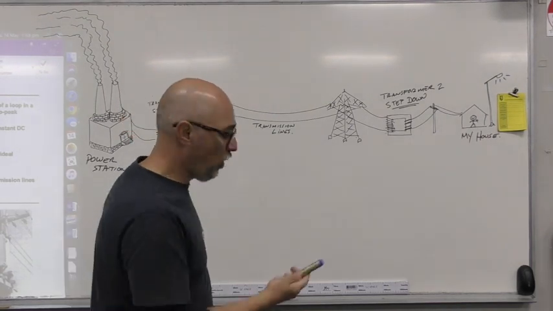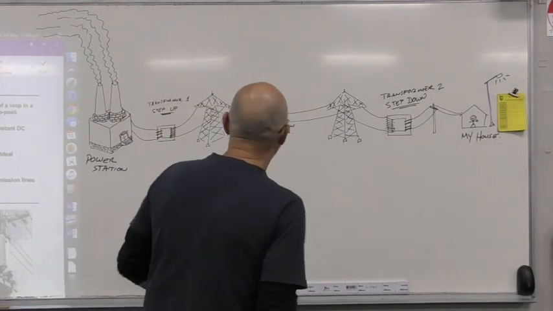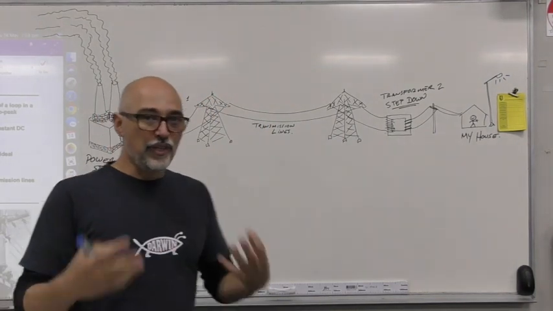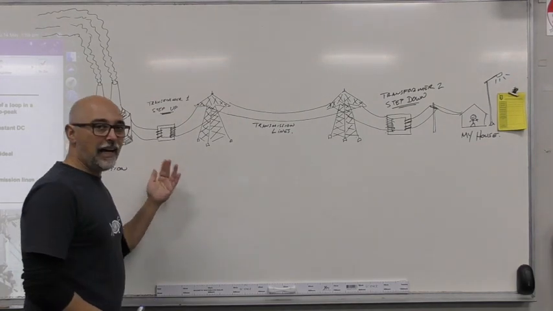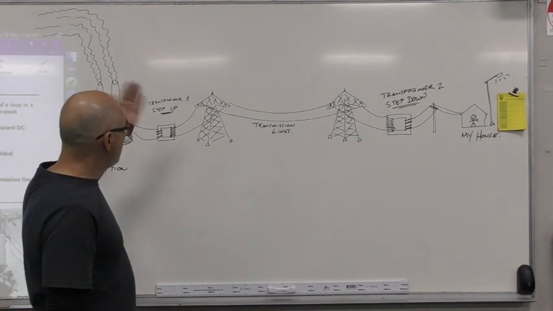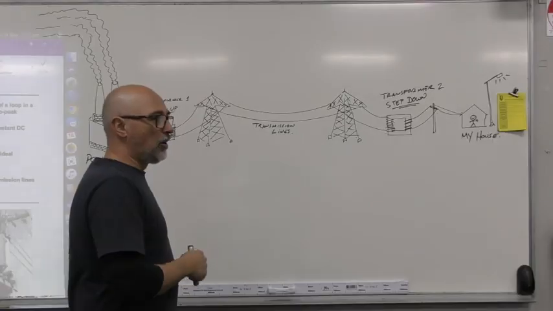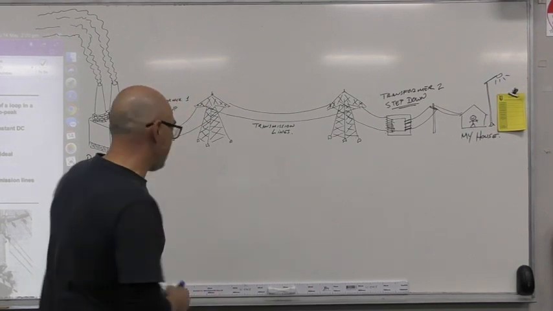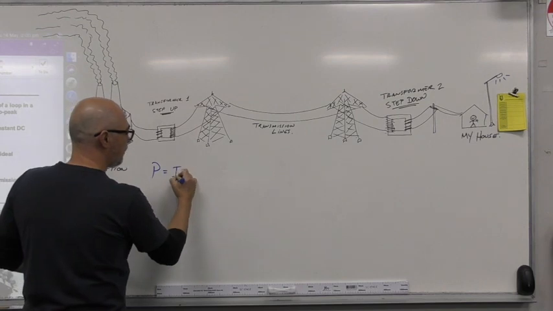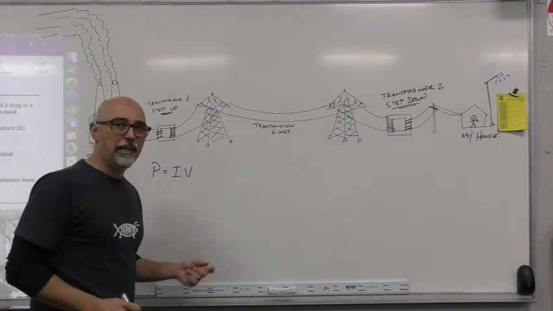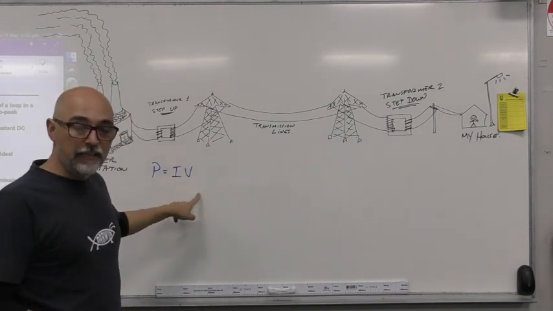So what we've found is that if we produce a certain amount of power, okay, let's say we put in 1,000 watts of power into the system, we can work out what that power is through P is equal to IV. So I being the current and V being the voltage.